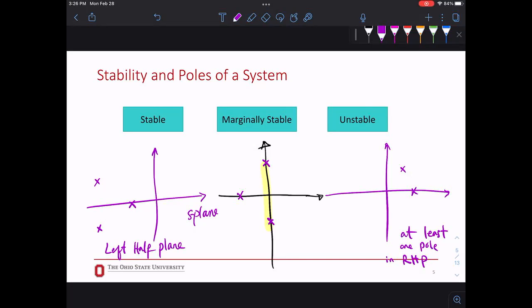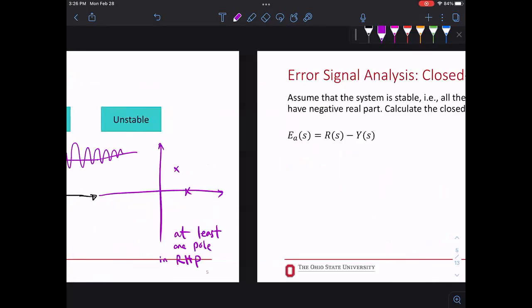If there was a pole on the right side, I know my system is probably going to behave differently. Here, it is going to be very oscillatory because I have two major poles on my imaginary axis. When we get to root locus methods, you will see that you place poles on the left-hand side and you're grabbing your whole system and moving it to the left. The behavior of your system will change. Those are the exciting part, I think, of designing controllers, because you can visually see it.